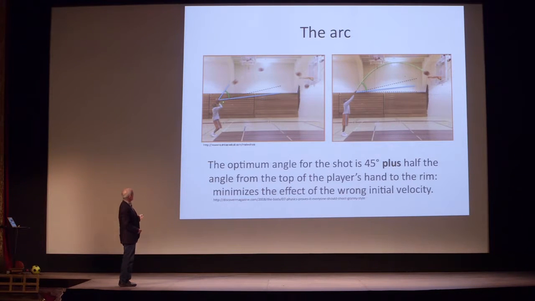So if we draw a line from the player's hands to the rim, which is this line, and a horizontal line, which is this line, this is halfway in between, and I measure 45 degrees from there, and that is the angle that the ball should take. And this line isn't pointing directly to that because it's already arcing over there. Okay. So that is kind of the perfect shot, and there is the trajectory of the ball that has that. So this minimizes the effect of having the wrong initial velocity on the basketball.